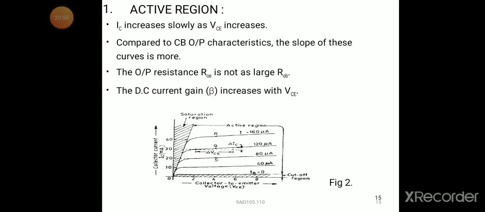So common base has the larger output resistance, but common emitter has a moderate one. The DC current gain increases with VCE. The current gain beta, output current by input current, increases when we change VCE. So these are the active region properties.